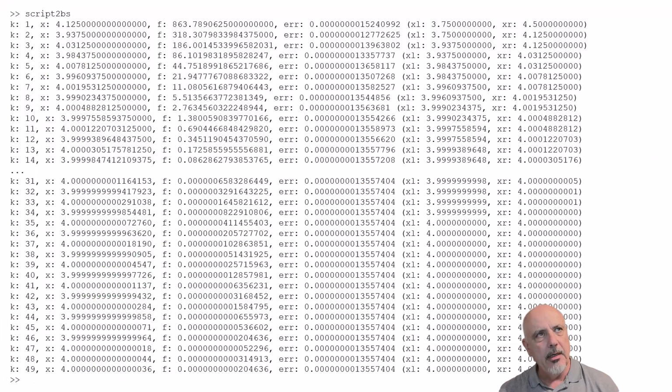So how does this run? Well, this script BS, when I ran it, took 49 iterations, and then it finally gave up. I've got my polynomial value, and yes, it is less than the tolerance, no problem. If you look, my x started at 4 1/8, then fluctuated around 4, and then got down into this area.